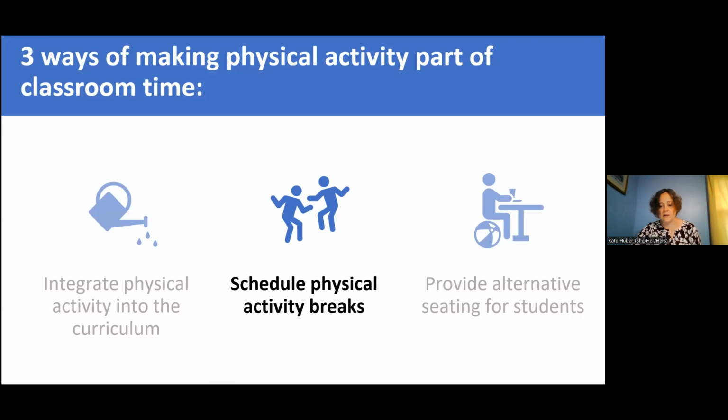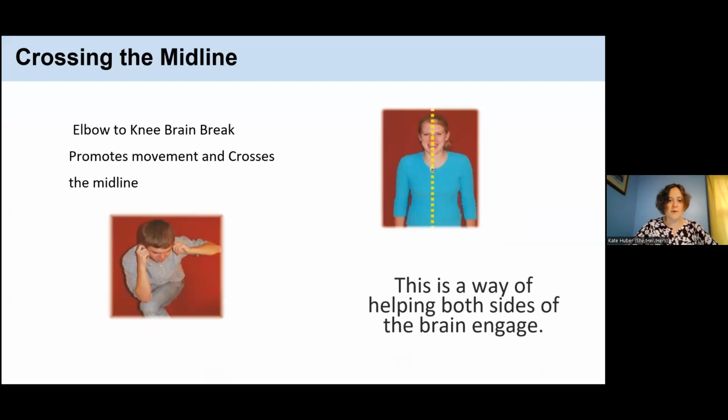So just scheduling physical activity breaks is also very important. And these can be something as simple as doing elbow to knee touches, right? We want to make sure that when we're doing physical activity breaks, that we cross that midline. Crossing the midline helps to wake up both sides of the brain to make sure that both sides are really engaged.